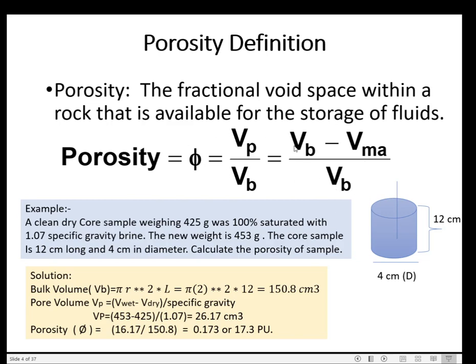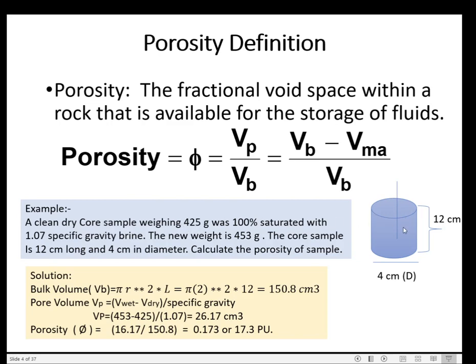Let us see one very simple example indicating this kind of equation. Imagine we have a core sample. It has a length of 12 centimeters and a diameter of 4 centimeters. This core sample was dried in the lab, and we found that the weight is 425.